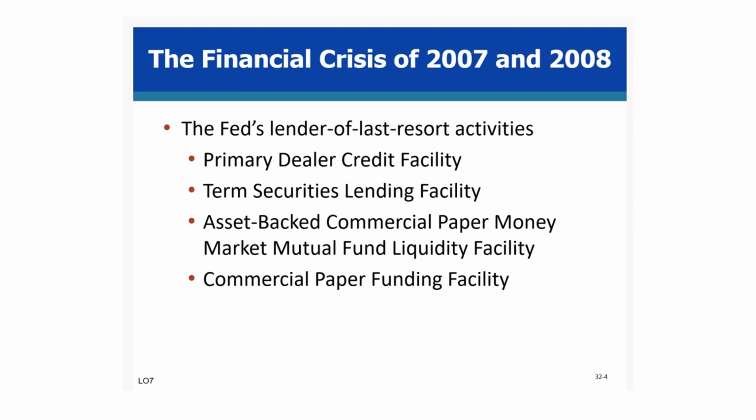Prior to the great financial crisis, this was typically used very seldomly, as a bank or lending institution who visited the discount window was kind of looked upon as having some issues and a bit worrisome as far as their long-term solvency.